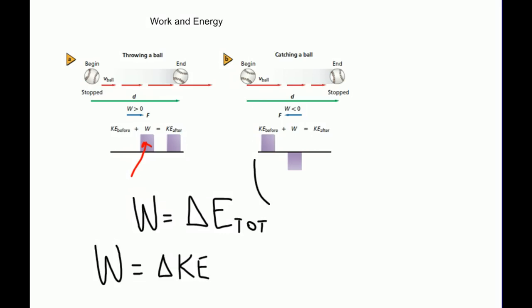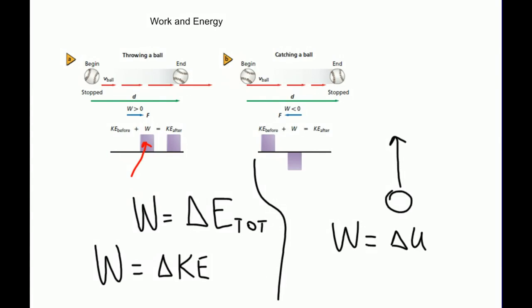If my work done is in potential energy only, like say lifting up an object, then my work done is equal to the change in gravitational potential energy. Okay? Either way, we have a change in energy. And so the key is to understand that the amount of work that we do is exactly equal to our change in energy, regardless of the type.